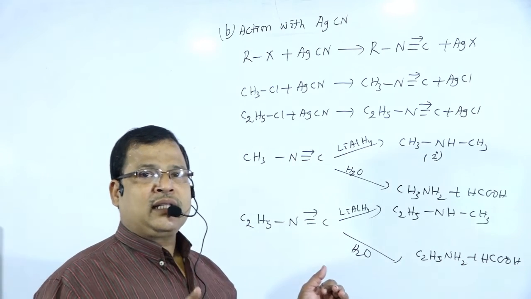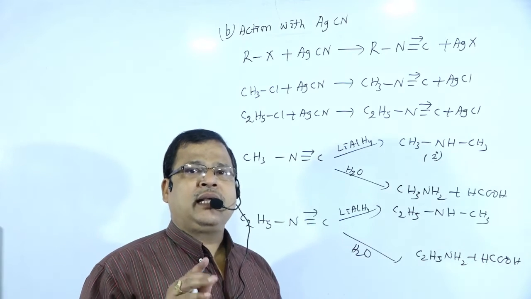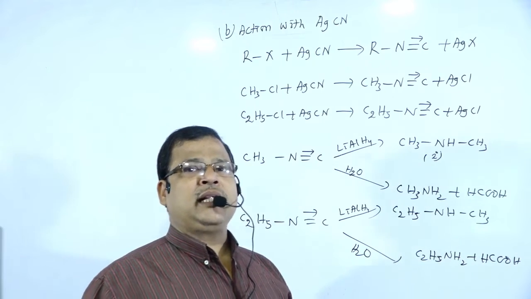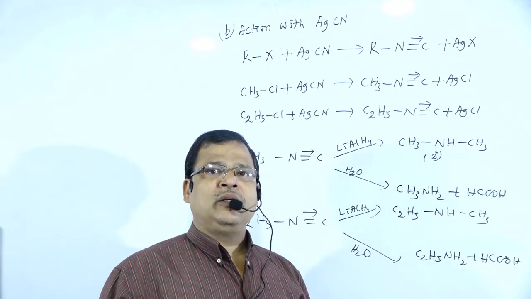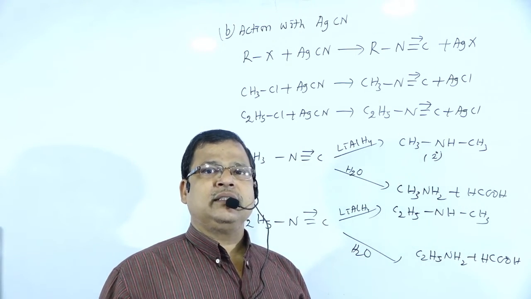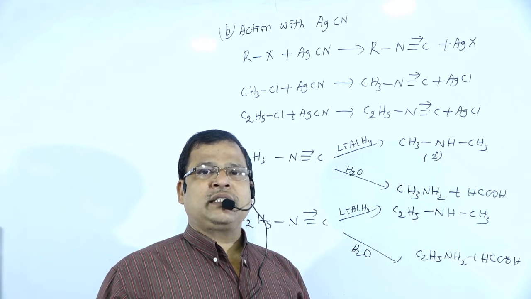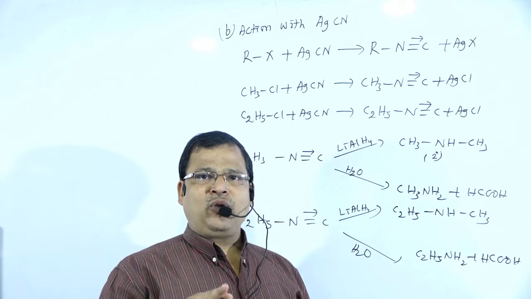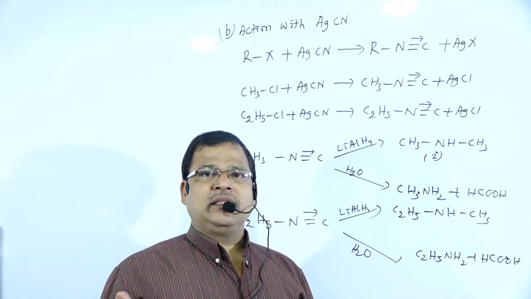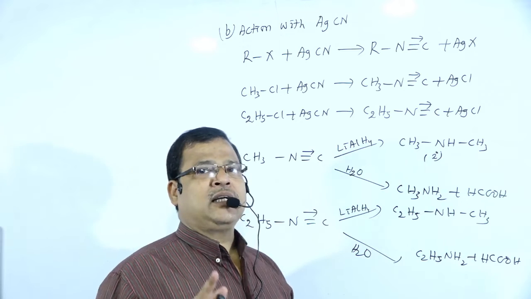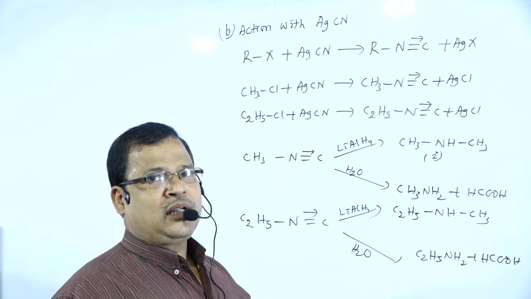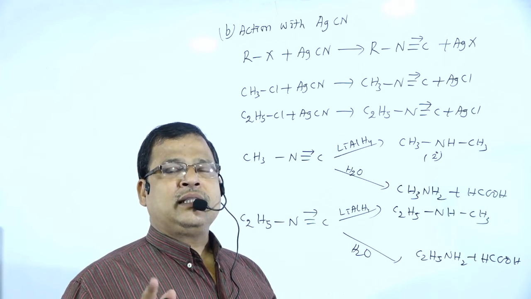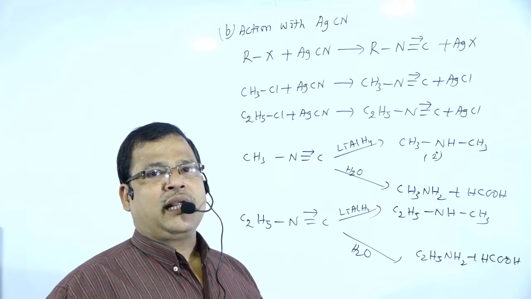So alkyl cyanide is obtained by the action of alkyl halide with potassium cyanide, but alkyl isocyanide is obtained by the action of alkyl halide with silver cyanide. That appears to be the same, but these are different reactions. Alkyl cyanide in case of potassium cyanide with alkyl halide, alkyl isocyanide in case of silver cyanide with alkyl halide.